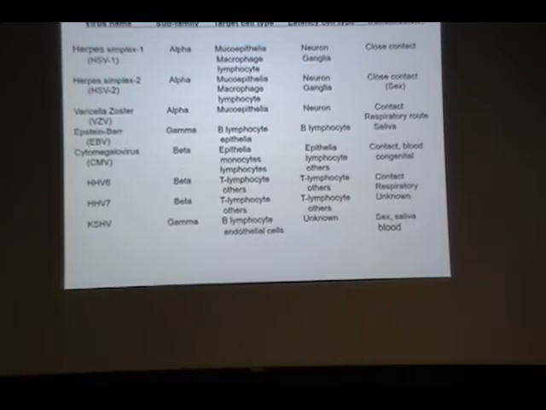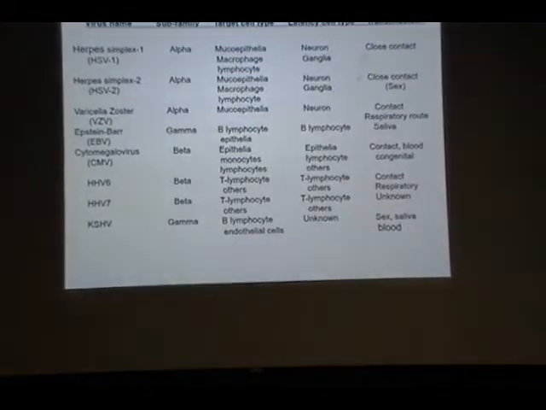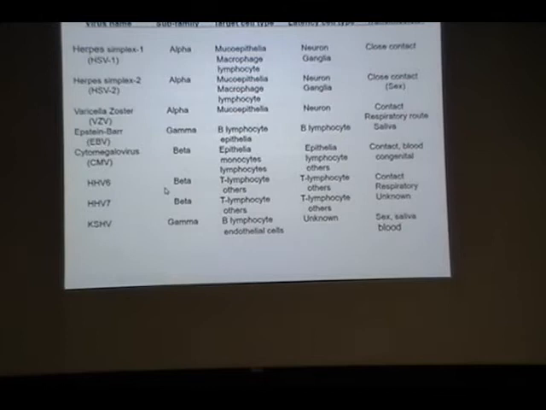This table summarizes what type of cell each of these herpes viruses infects. For example, the alpha group herpes viruses: herpes simplex 1, when it first infects, infects the mucosal epithelial cells.